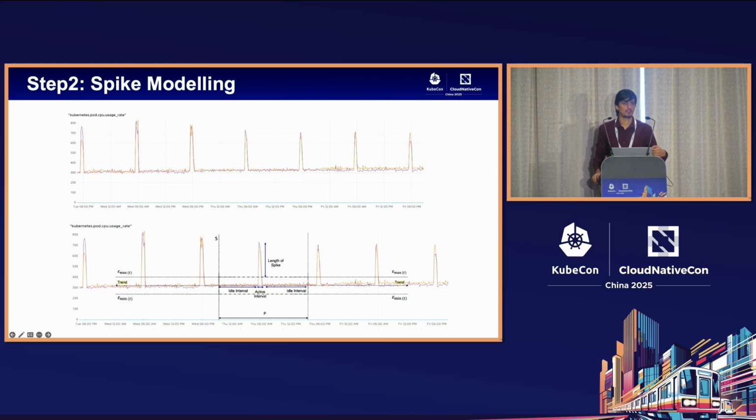Like local minima, you create the derivatives and figure out if there's a sudden change in the derivative value of that particular mathematical function, like the time series analysis we do. Same thing we do here. We have time series data for the resource utilization metric. We figure out if there's a sudden spike using the local average being much more than the global average that we have. And the global average also is not changing a whole lot during the entire life cycle, because in that case, it would be a trend.